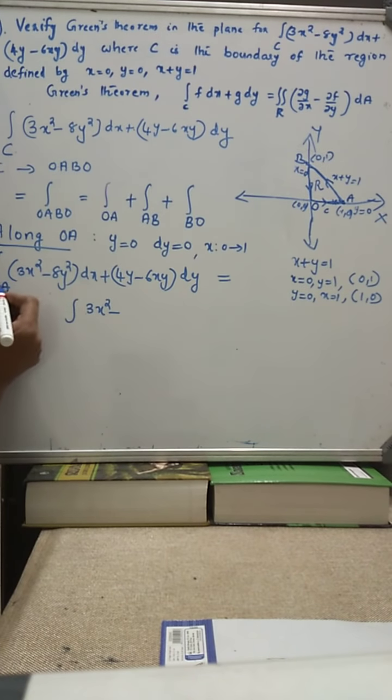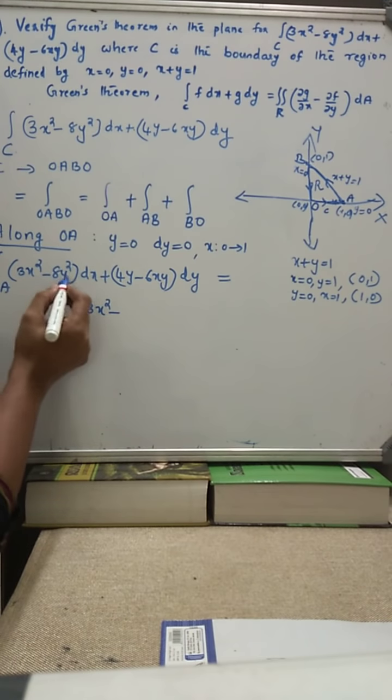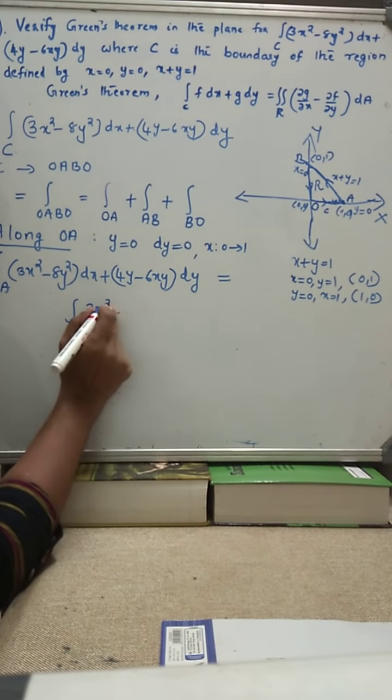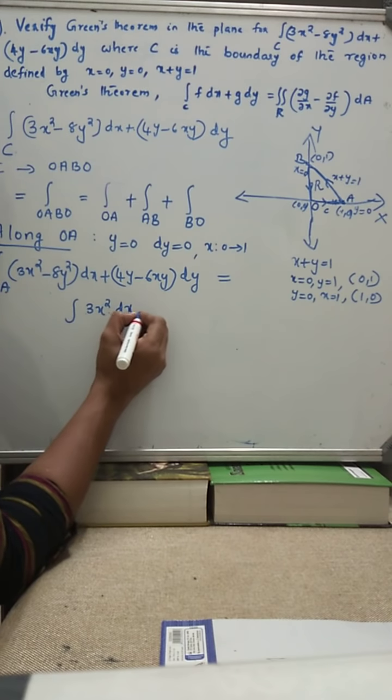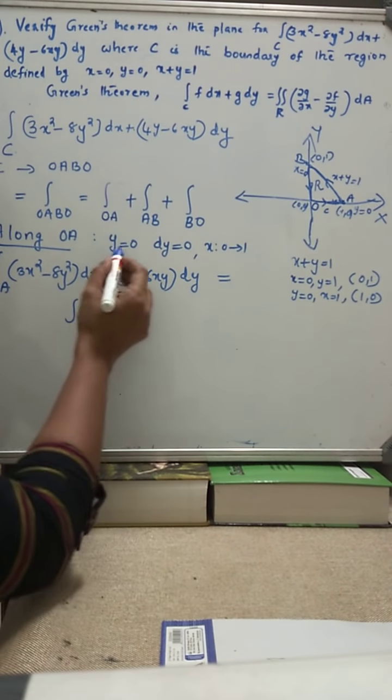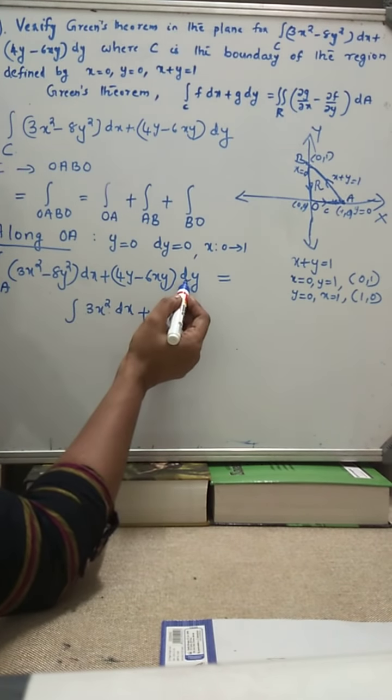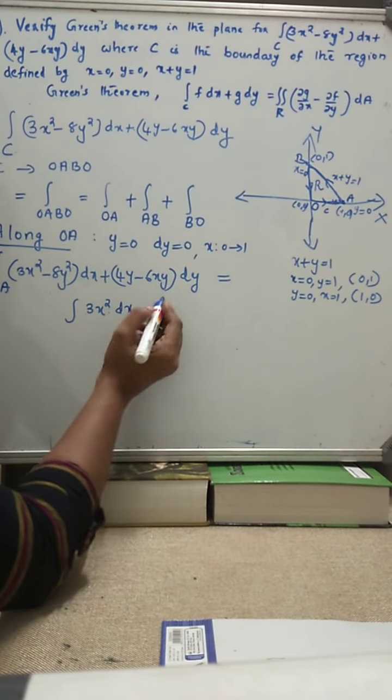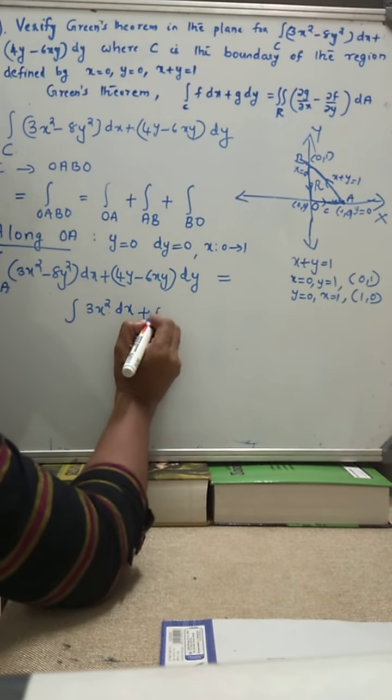Since along the line OA y = 0, the 8y² becomes 0. So we have only 3x² dx, and in the 4y − 6xy dy term, y = 0 and dy = 0, so the whole term vanishes.